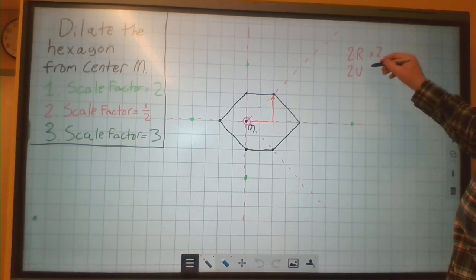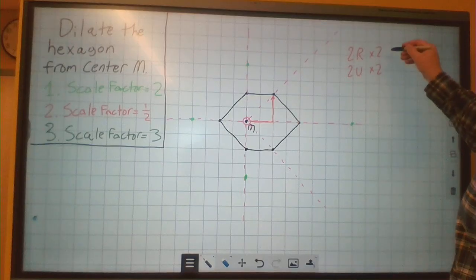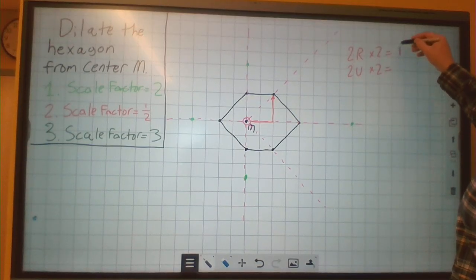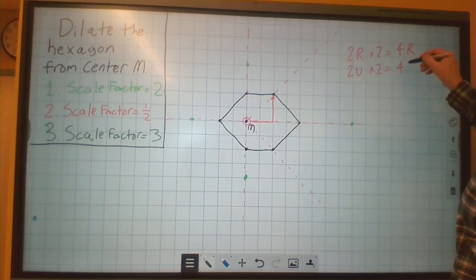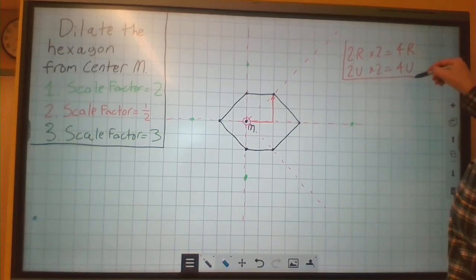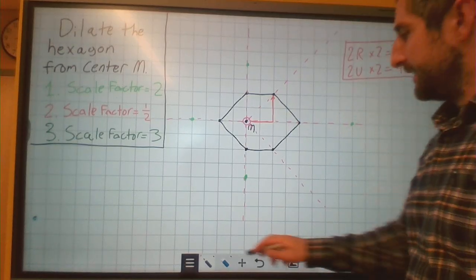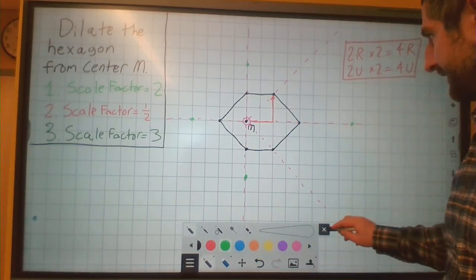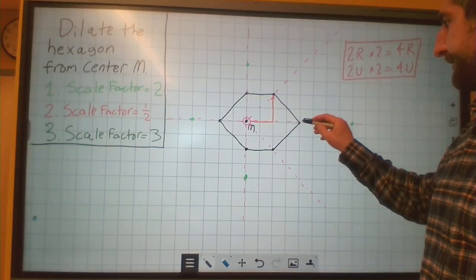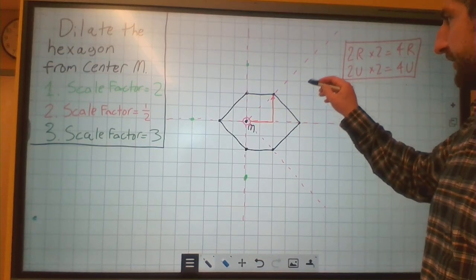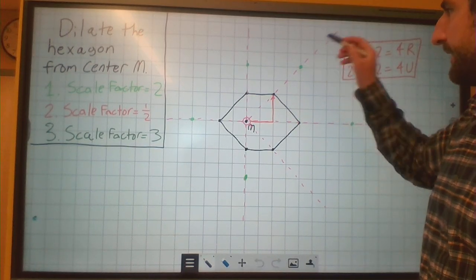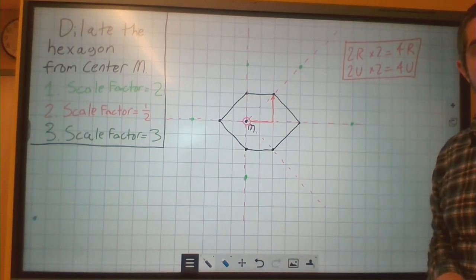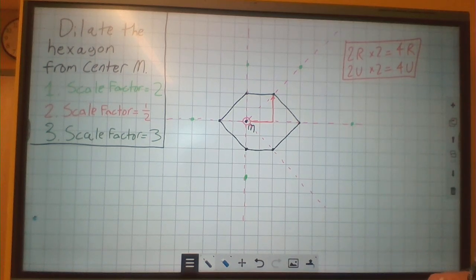And if we multiply each of those by 2, we end up with 4 to the right and 4 up. And if we apply that, 1, 2, 3, 4 to the right and 1, 2, 3, 4 up, we end up right on the dotted line, right where we want it to be.